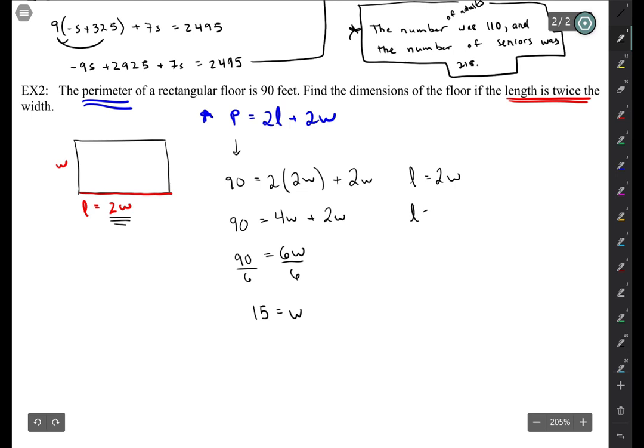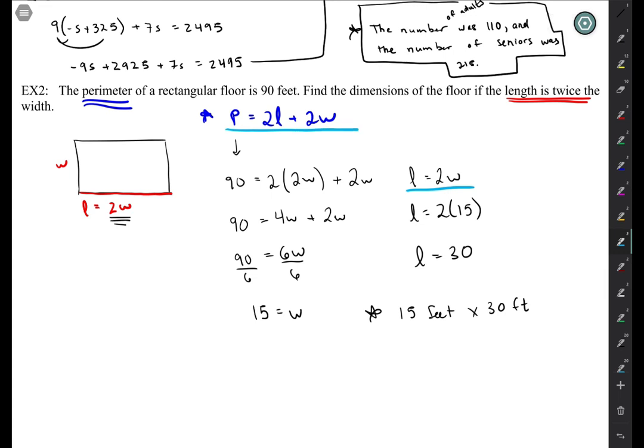So length is 2 times 15, or length equals 30. Now the dimensions, so the final answer then is 15 feet by 30 feet. So just to clarify, these were our 2 equations, perimeter and length, and that's how it became a system. We essentially use the substitution method.